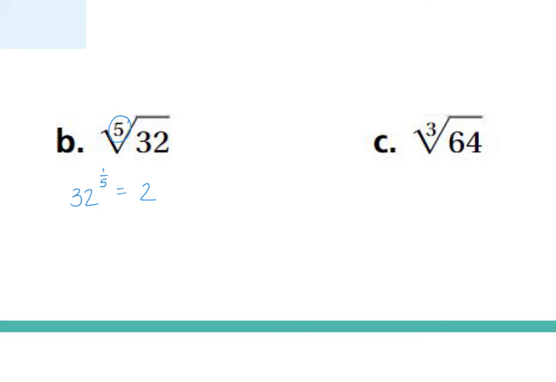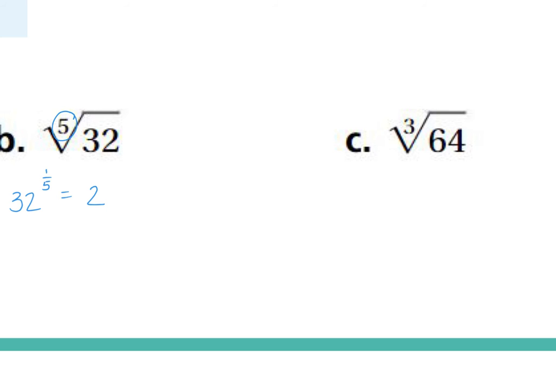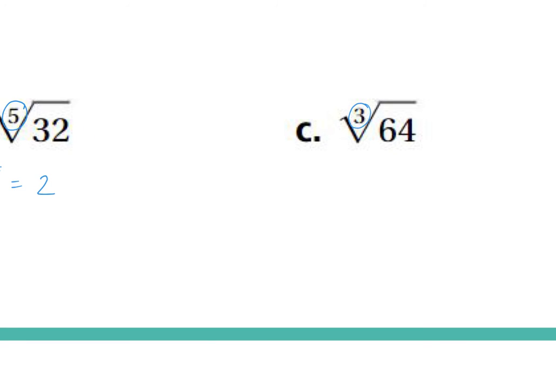For C, we have the cubed root, or the 3rd root, of 64. Jessica, what's my index? 3. And Nick, how do I write this with a fraction exponent? I think you can do it right now, off the top of your head.